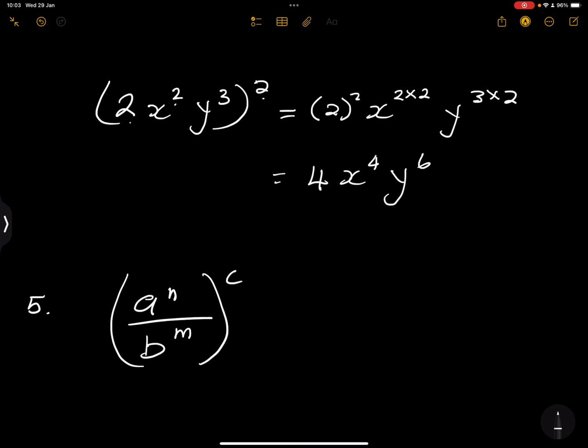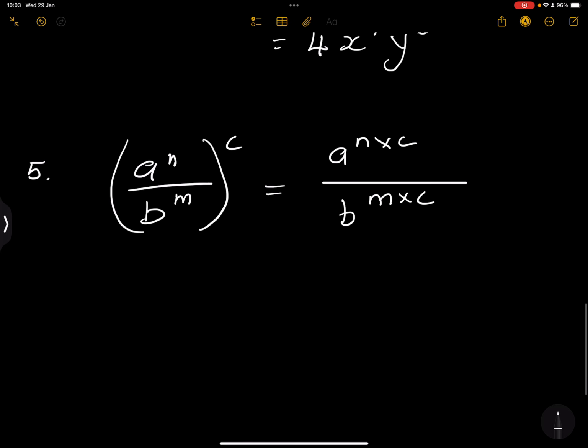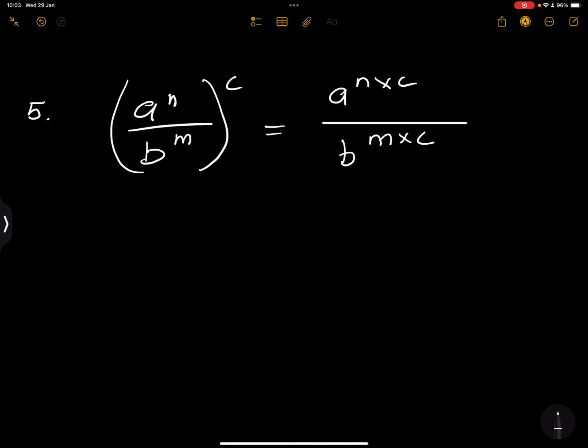So it is a fraction, and I'm raising it to the power, and I am going to raise both the numerator and the denominator to that power. So this will be a to the power of n multiplied by c, divided by b to the power of m multiplied by c. So that, again, ladies and gents, becomes very, very crucial.